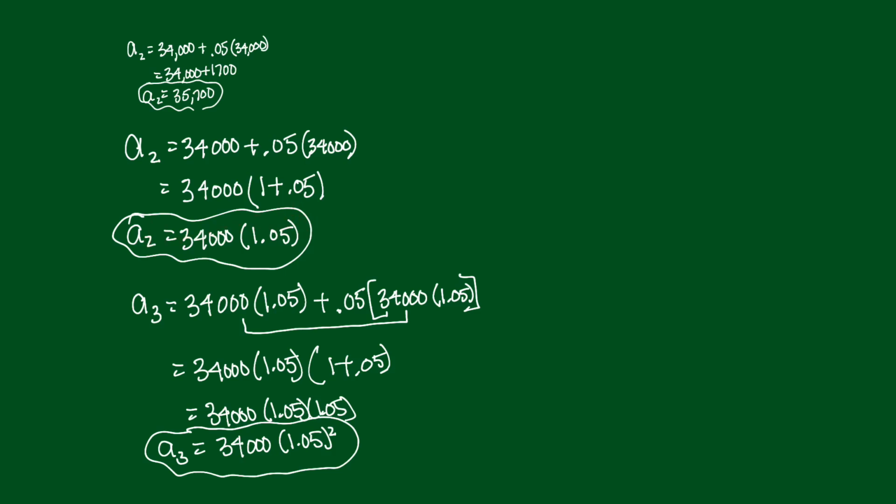So I'm going to write this as A sub n is equal to 34,000 times 1.05 to the n minus 1. It looks like the exponent here is 1 less than the year. So if this is n, this would be n minus 1.